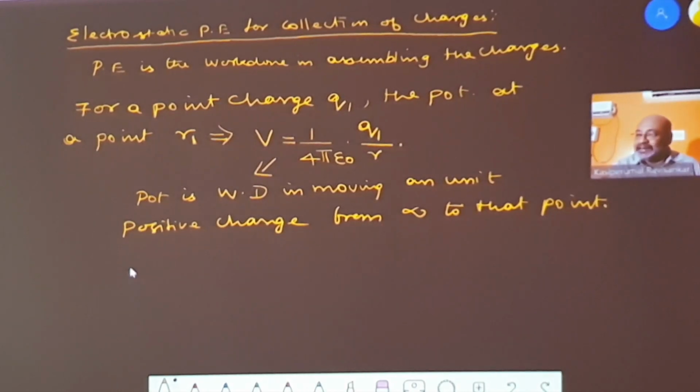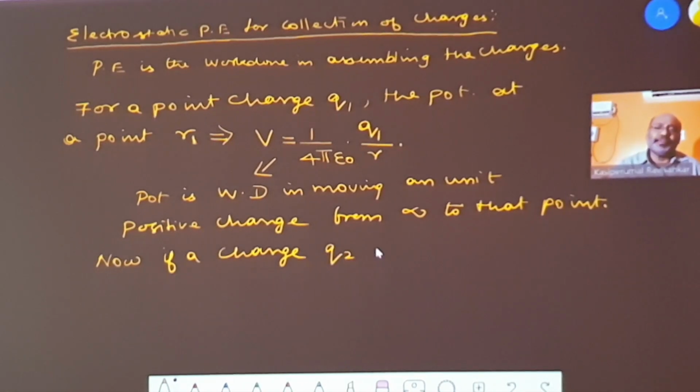Now let us take it like this. If a charge Q2 is moved from infinity to a point, then what is the work done?